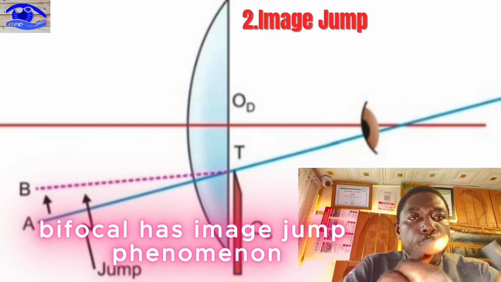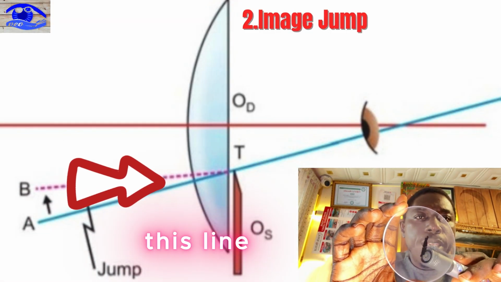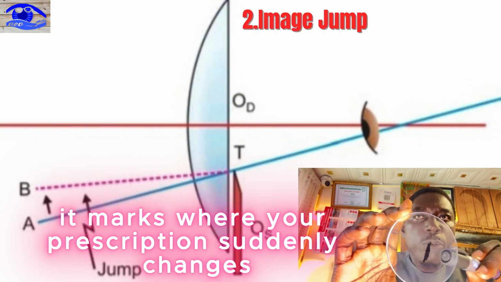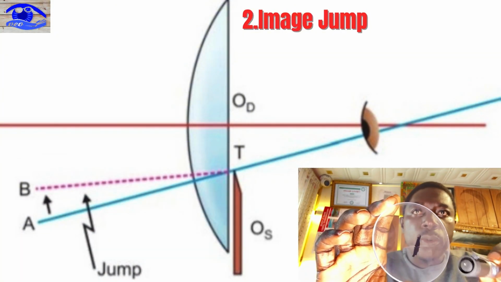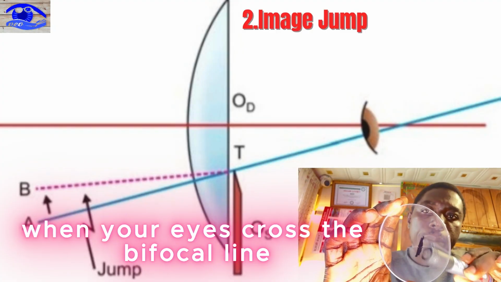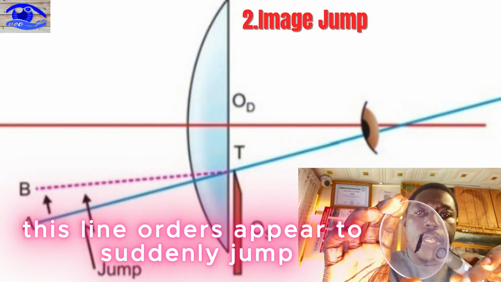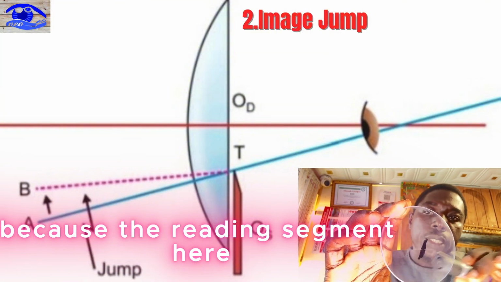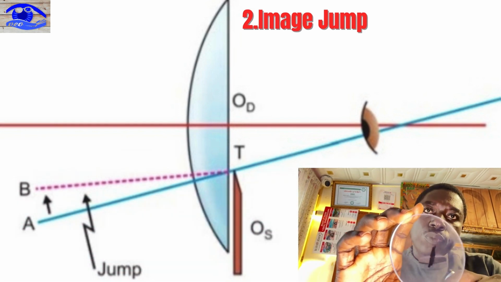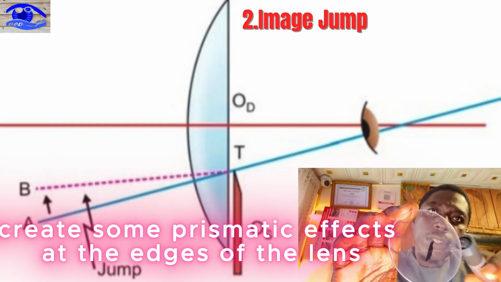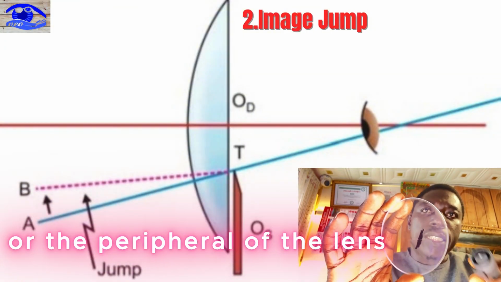Bifocal has image jump phenomenon. There's a distinctive line. This line marks where your prescription suddenly changes. When your eyes cross the bifocal line, objects appear to suddenly jump because the reading segment here creates some prismatic effects at the edges of the lens or the periphery of the lens.